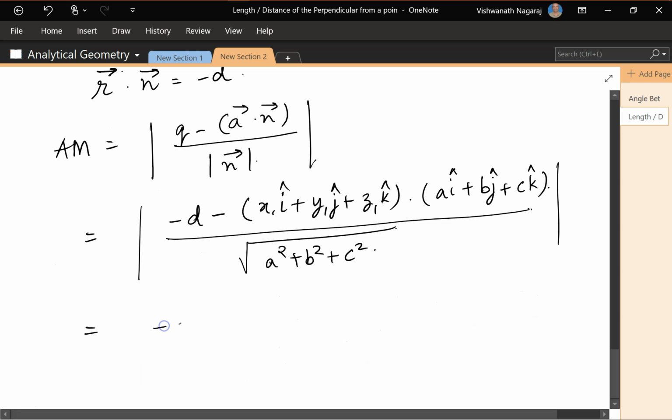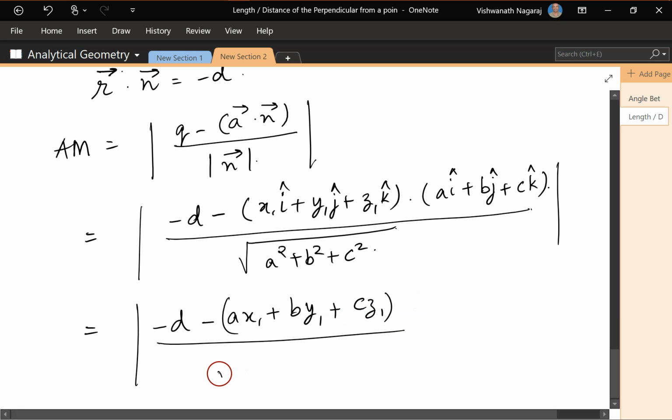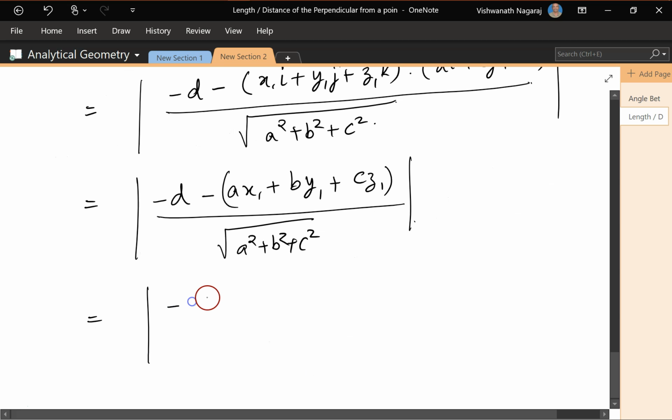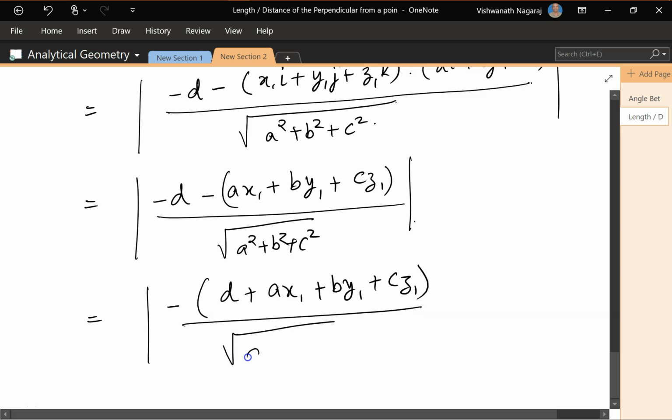Now minus d minus ax1 plus by1 plus cz1, divided by the square root of a square plus b square plus c square. So minus d plus ax1 plus by1 plus cz1 divided by the square root of a square plus b square plus c square.